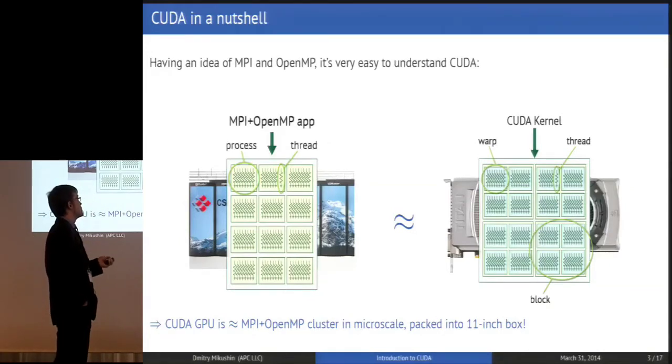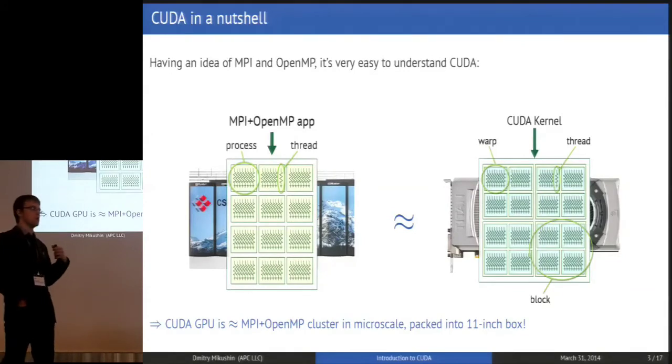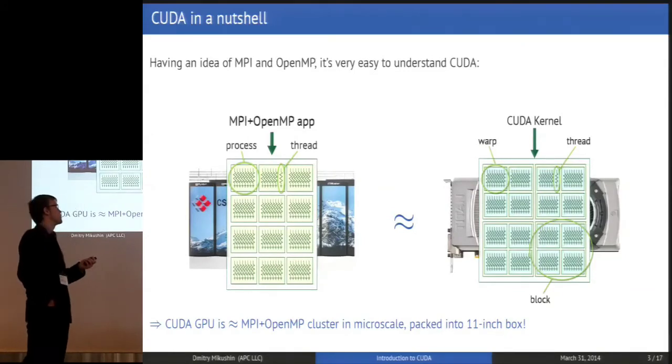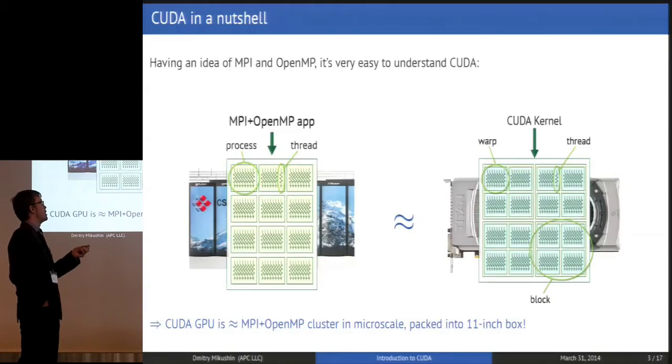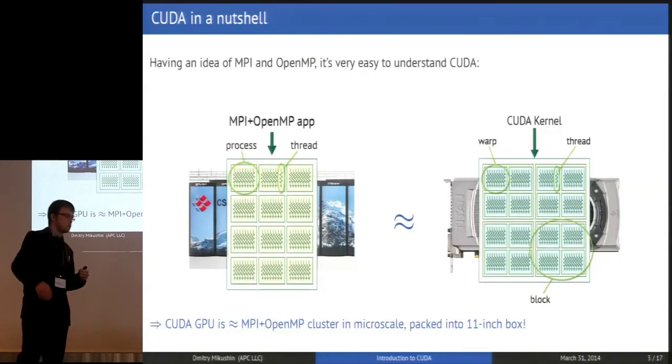In comparison to this, in the case of GPU, instead of an application, we have a CUDA kernel, a program that will completely run on the GPU. The smaller block is a block of threads. The smaller groups inside a block are warps, and this is the thread inside a warp. So technically, it's the same kind of topology.